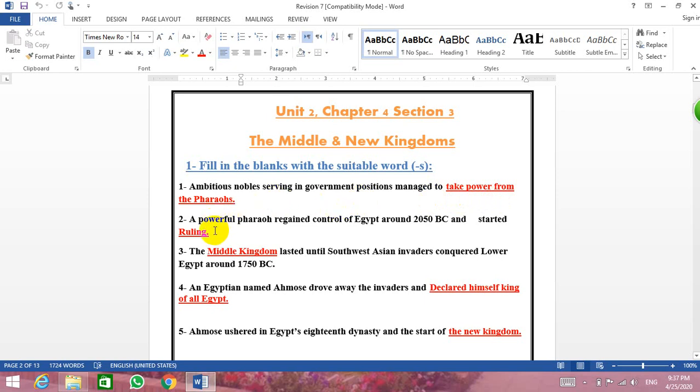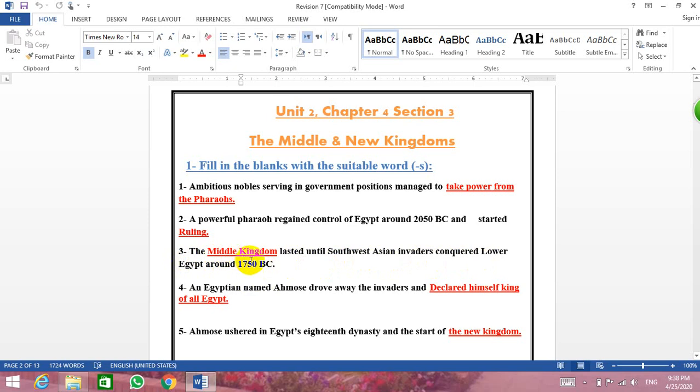Number 2, a powerful pharaoh regained control of Egypt around 2050 BC and started ruling. So the answer is ruling. Okay, then point number 3, the Middle Kingdom lasted until Southwest Asian invaders conquered Lower Egypt around 1750 BC.